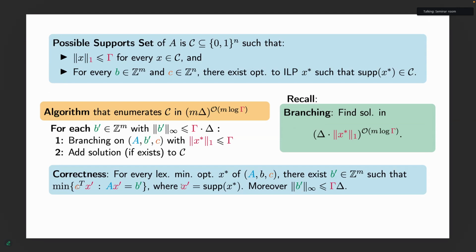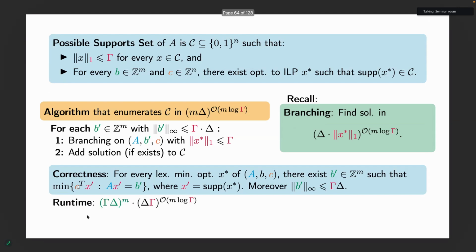That's the intuition. And for this particular x prime, that is just the support of your lexicographically minimum solution, the right-hand side will have a bounded L infinity norm because it has bounded L1 norm, and the maximum entry of A is also bounded by delta.